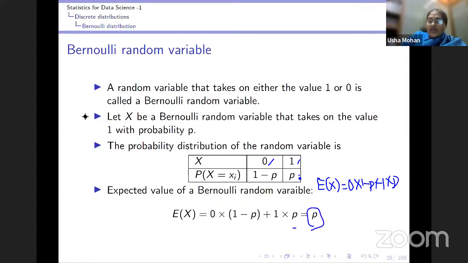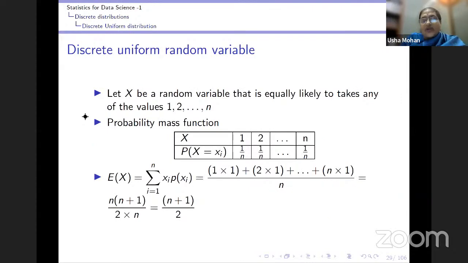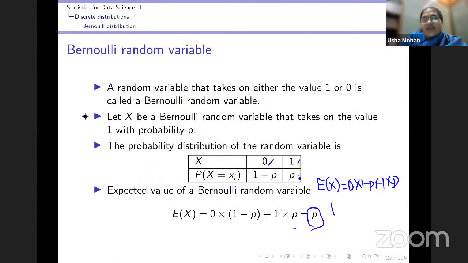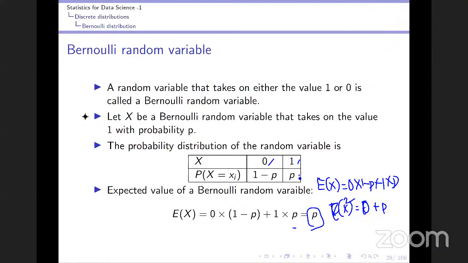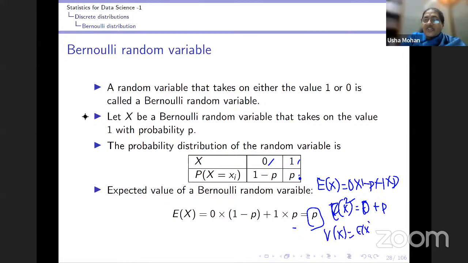Now you can verify the variance of this Bernoulli variable. The expectation of X square is again 0 into 1 minus P plus 1 into P, so it is P. The variance of X is the expectation of X square minus the expectation of X whole square.